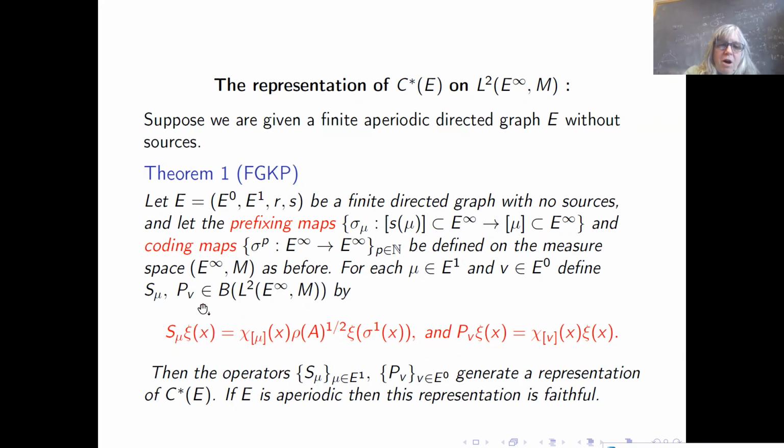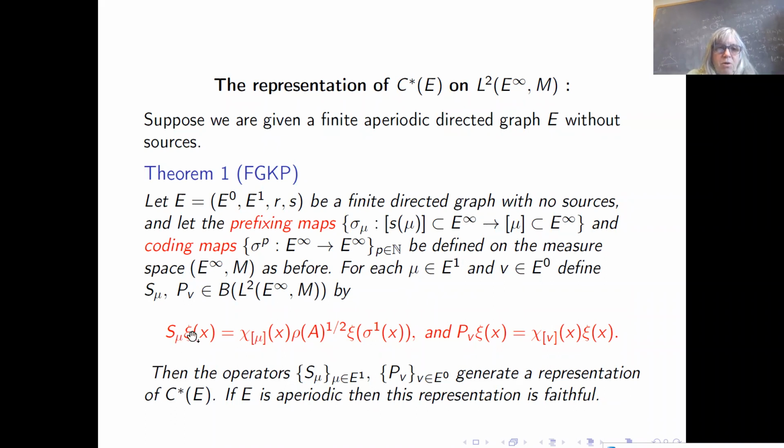Then you can define partial isometries and orthogonal projections that satisfy the Cuntz-Krieger relations for the directed graph on L2 of E infinity with respect to the Perron-Frobenius measure.